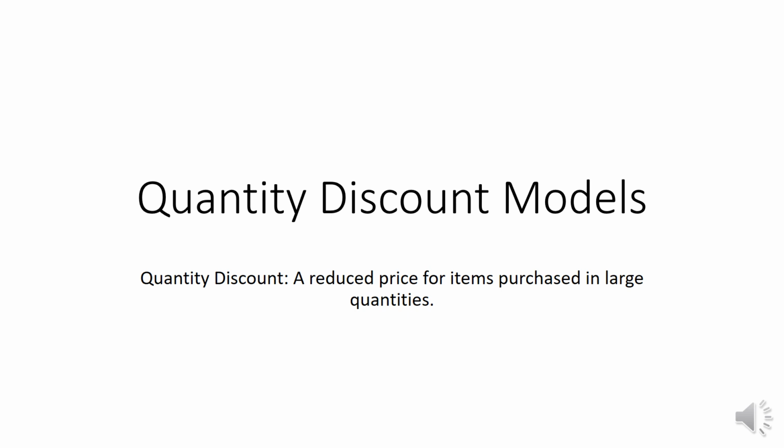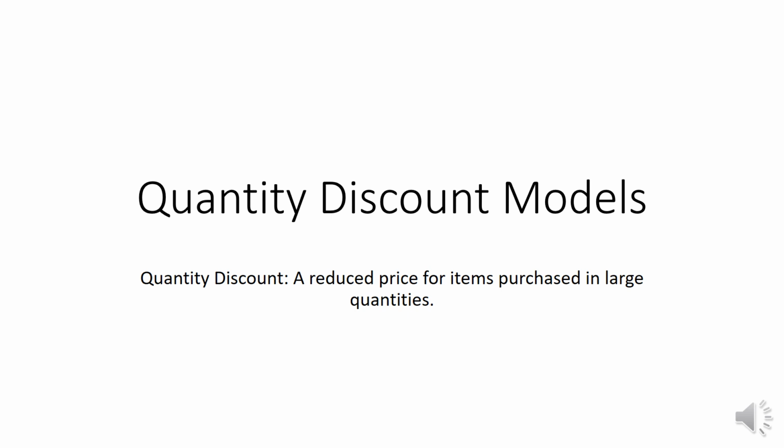Second is the economic production quantity. Third is the quantity discount model. So there are three models which tell us when to order and how much to order for independent demand.